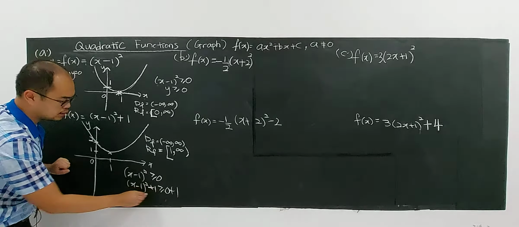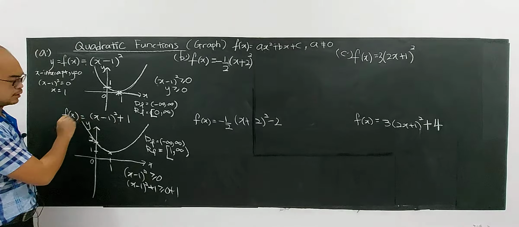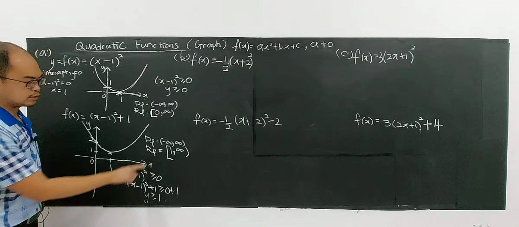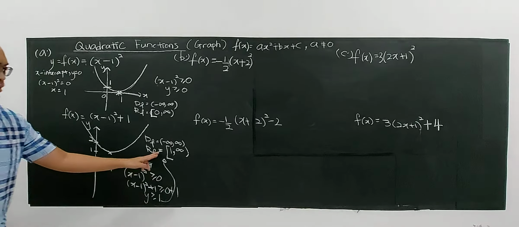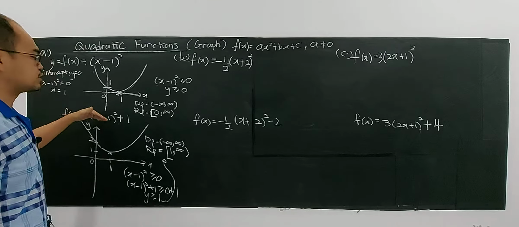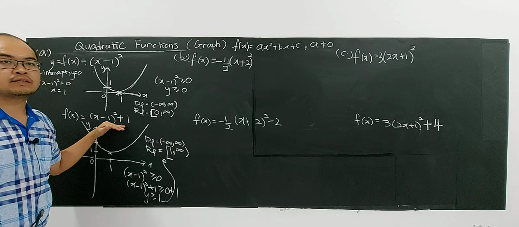This is your y, so y will be at least 1. That's why the range, referring to y, is from 1 to infinity. This is the way you draw the graph for this type of function. This is called the complete form for a quadratic function.